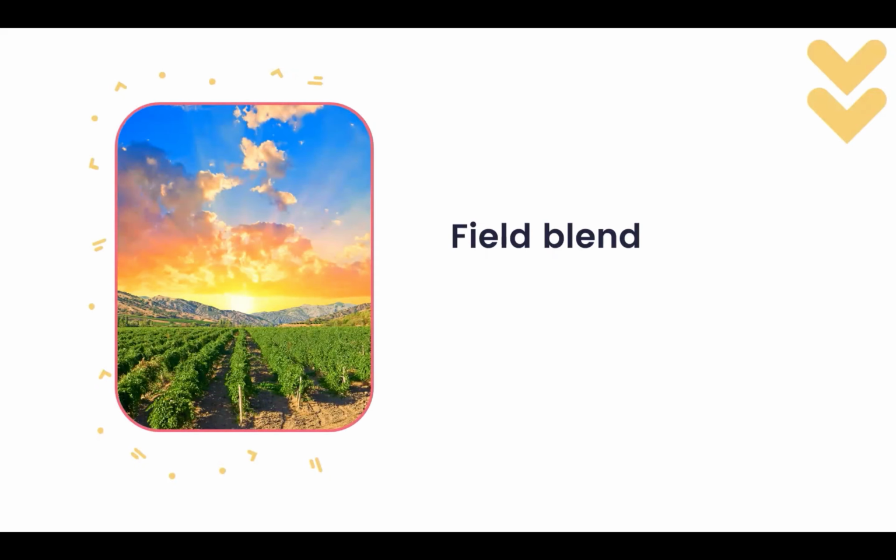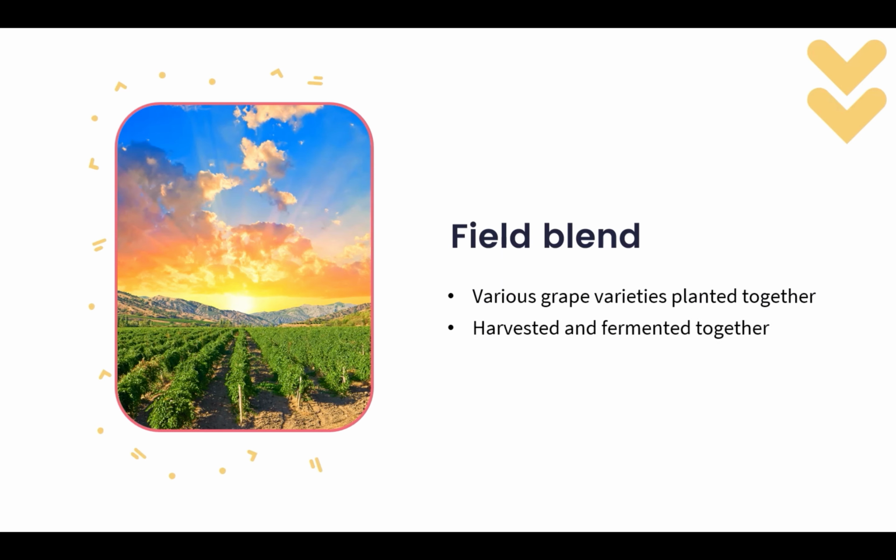Another form of blending is a field blend. As the name suggests, field blends are determined in the field or in the vineyard. This is where there are various types of grape varieties that are planted together. The grapes are then harvested all together on the same day, processed and fermented together.